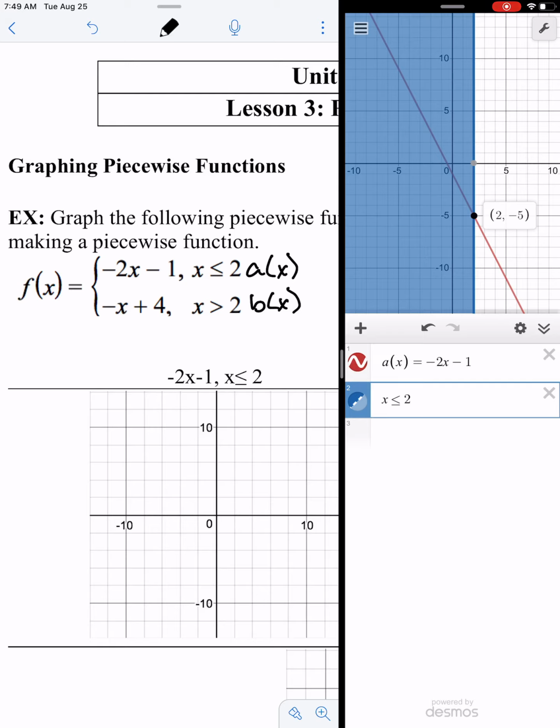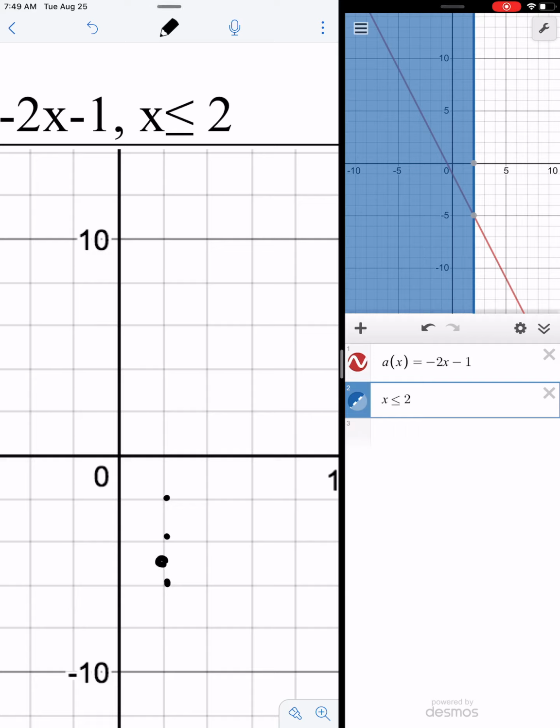So I'm going to plot that on my note screen. Again, the scale is going by 2s, so +2, -2, -4, -6. So right here, 2, -5.